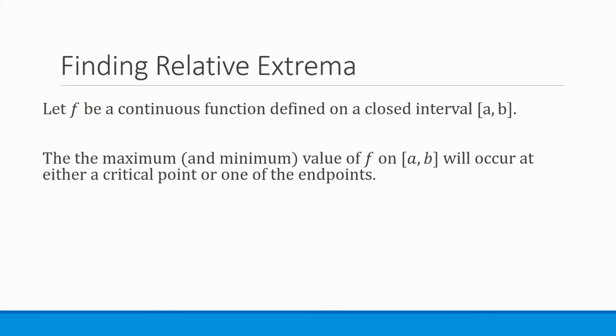So if I find all the critical points and then look at the endpoints and compare those, the point with the highest value is going to be our maximum. The point with the lowest value is going to be our minimum.